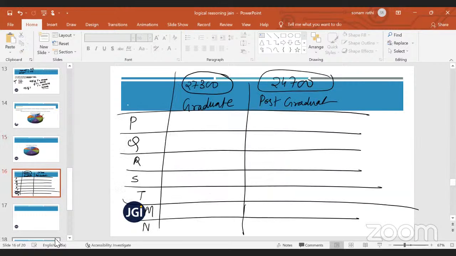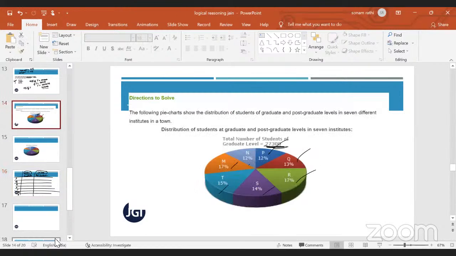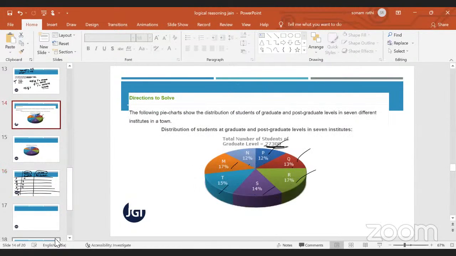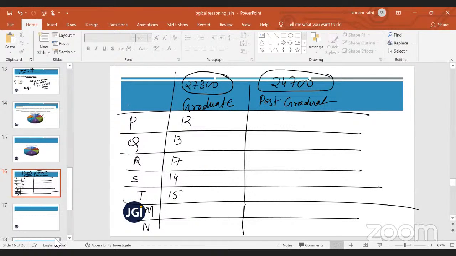Now the graduate percentages are 12, 13, 17, 14, then 15, 17, and 12.